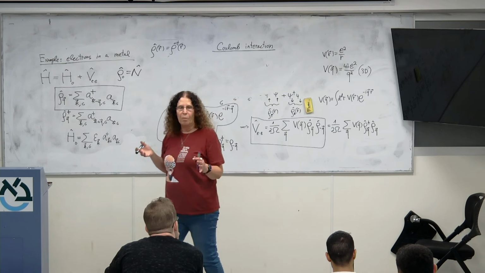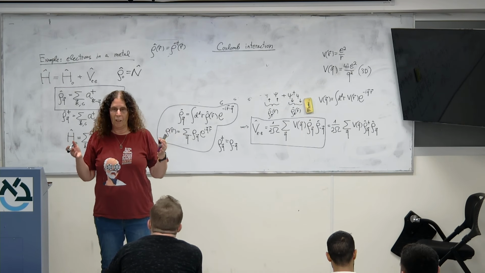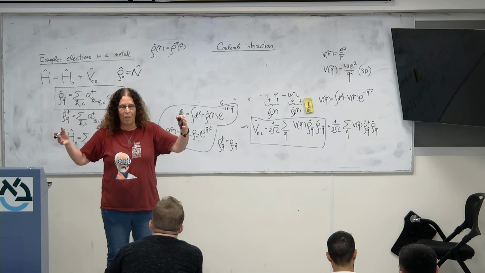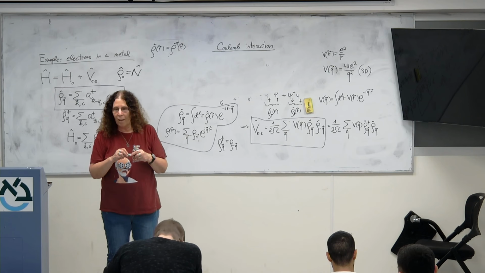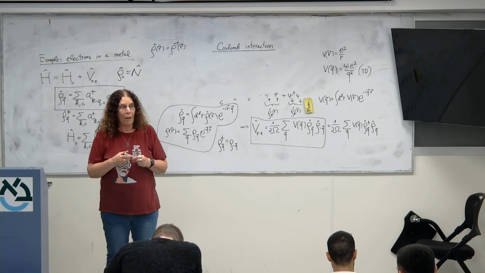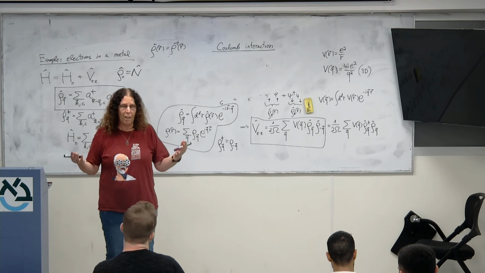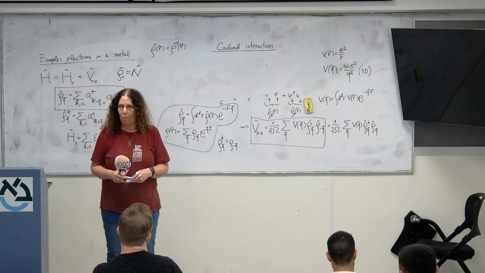And what it will give you is an energy proportional to the total charge of the particles squared, times something. It's like a capacitor, right? It's just the charging energy of a capacitor.